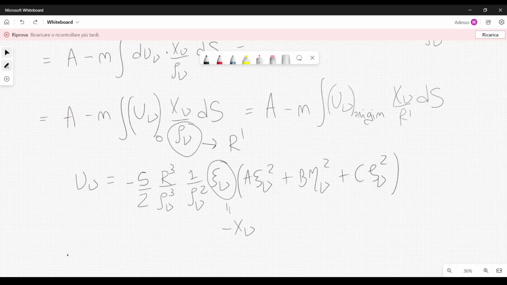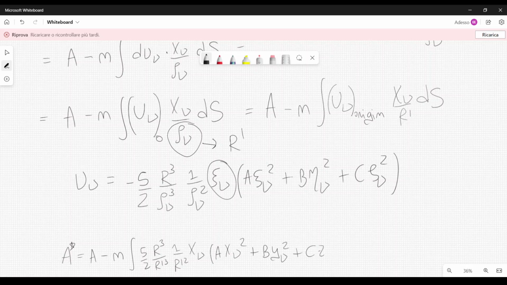So when we substitute this expression inside our integral, we have A star equal to minus n, and then we have the integral of 5 over 2 r cubed over r prime cubed, 1 over r prime squared times x_ν, and then we have a times x_ν squared plus b times y_ν squared plus c times z_ν squared.